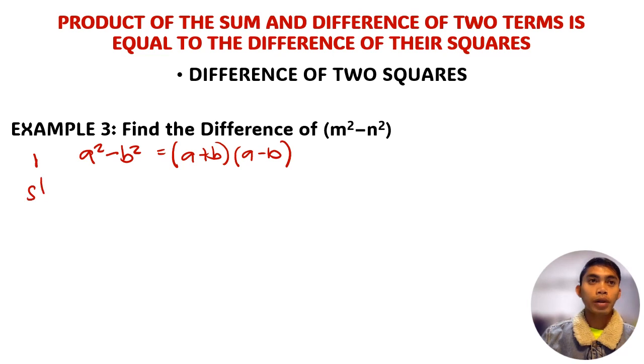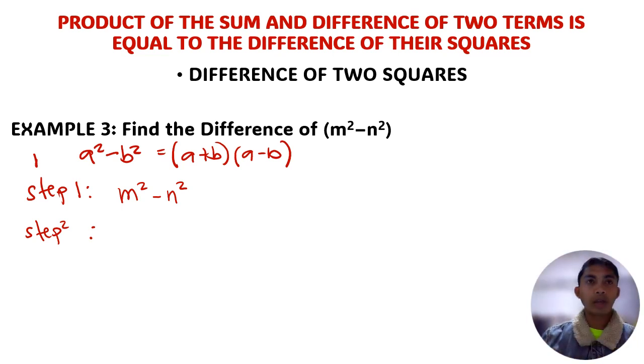Step 1, copy the given: m squared minus n squared. Then step 2, we need to find the square roots. So the square roots of m squared minus n squared.